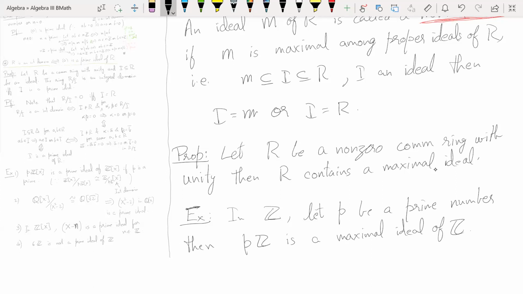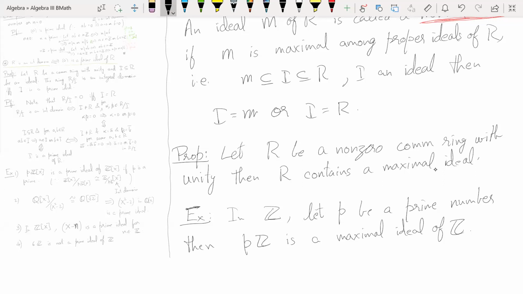Why is that? You just check whether it satisfies this definition. There are two definitions of primes in integers. One definition: if p divides ab, then p divides a or p divides b. The other definition: p is prime if it has only two factors, 1 and p.